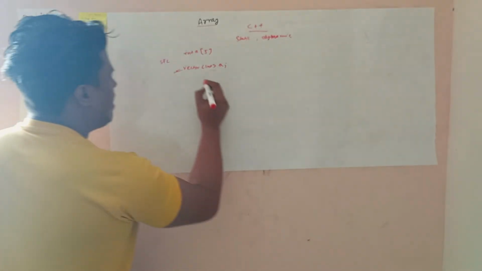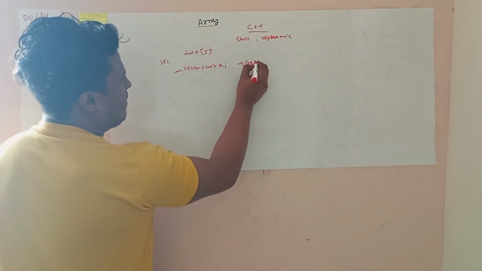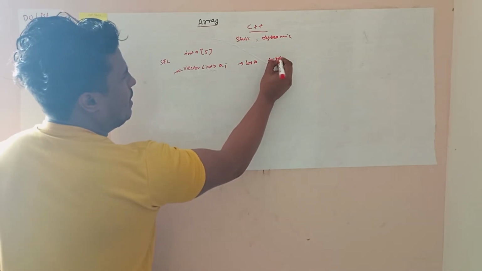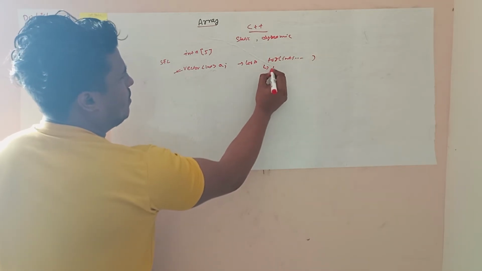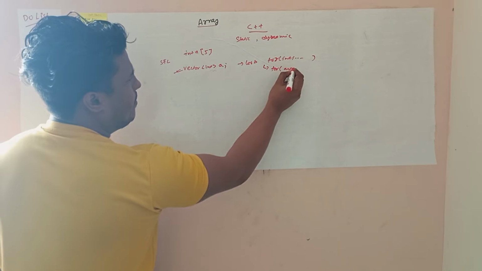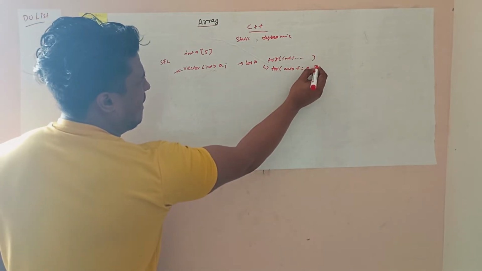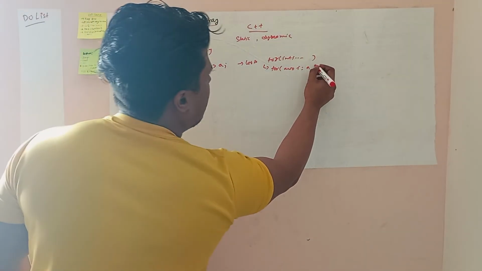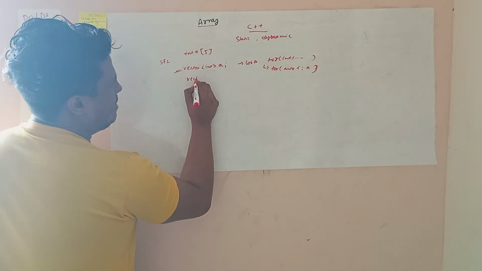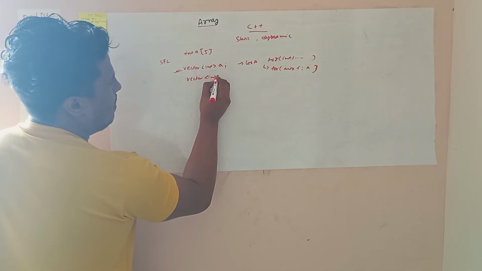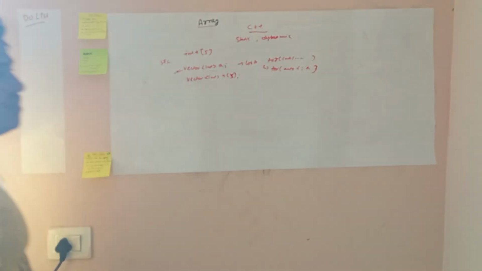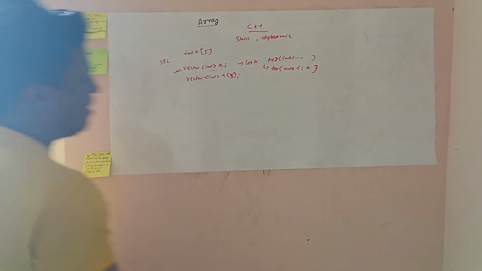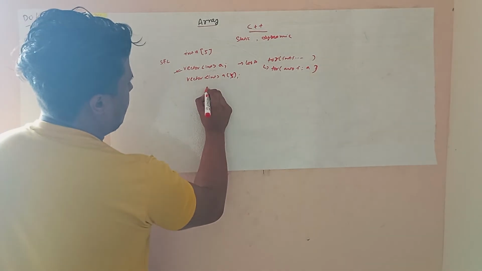We can use a basic for loop, for int i, or another loop like for auto i in vector a. You can declare the size as n, or 5. If you want to add data, you can use push_back.